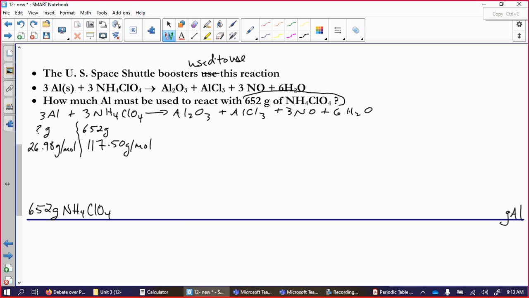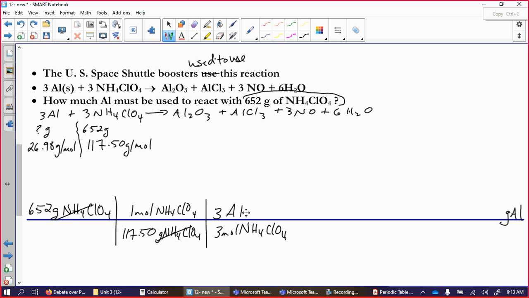Grams of aluminum. I want to get rid of grams of that, so I want to convert it to moles. Over grams. Grams go away. This is nice and straightforward because the equation says 3 moles of ammonium perchlorate is used, or we need 3 moles of aluminum.